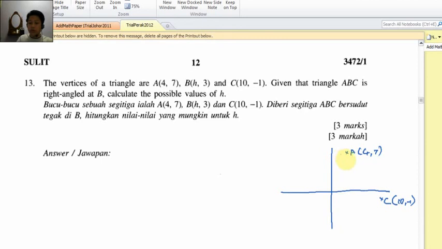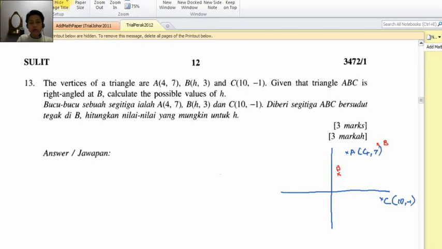We do not know where it is. Let's put that in red. Remember it is right angled at point B, so it probably would be here. It could also be somewhere here, so it could be anywhere there.